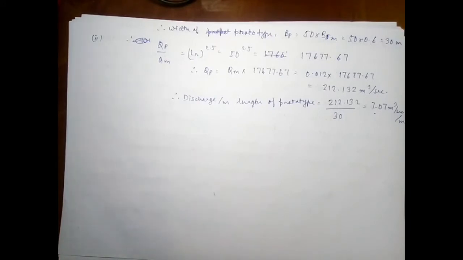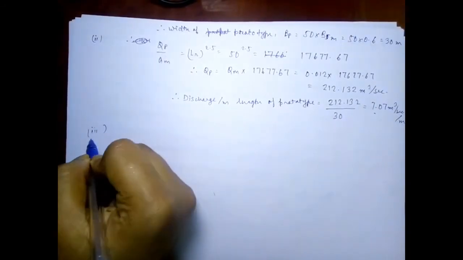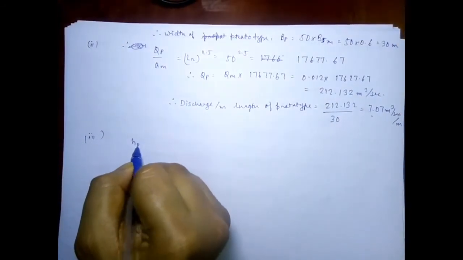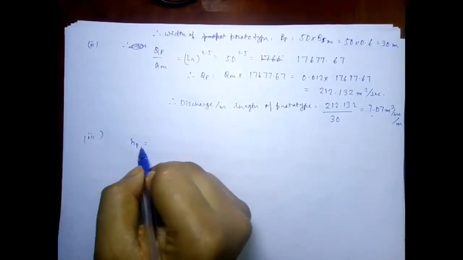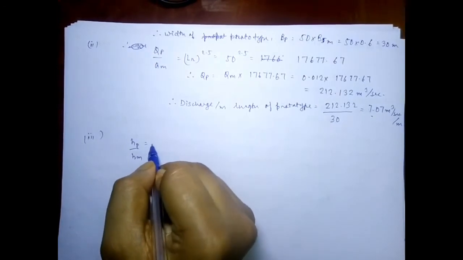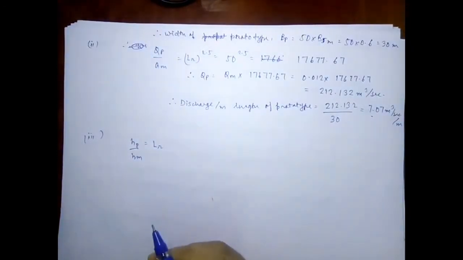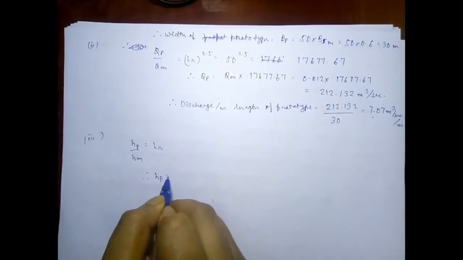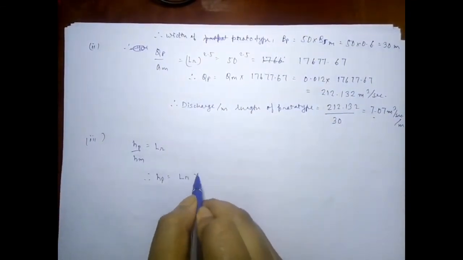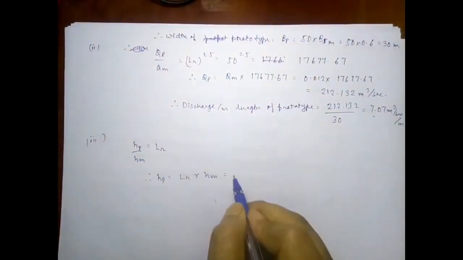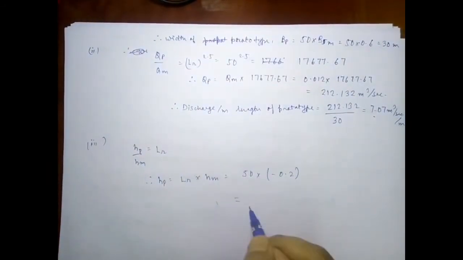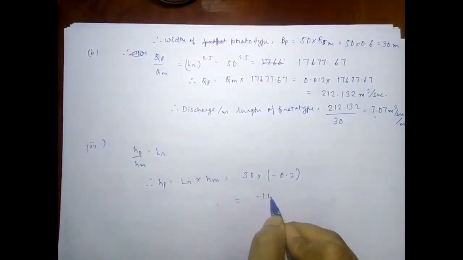And next, in the third part, we have to get the negative pressure head in the prototype, and I will write it as HP, which is again equal to, let's write HP upon HM is equal to LR, because it is again a length given in 200 mm. So therefore HP is equal to LR multiplied by HM, and it is equal to 50 multiplied by minus 0.2, and it is equal to minus 10 meter.